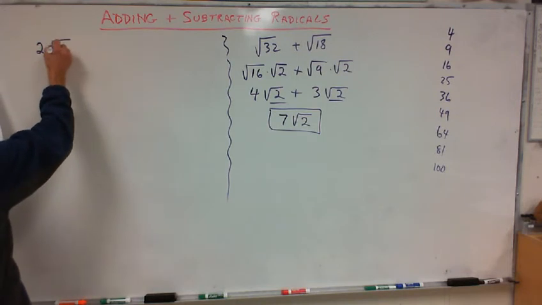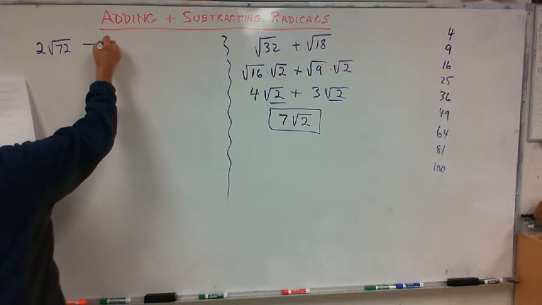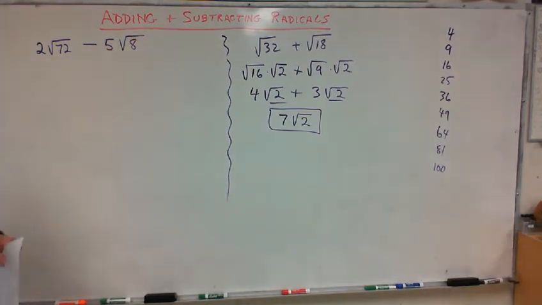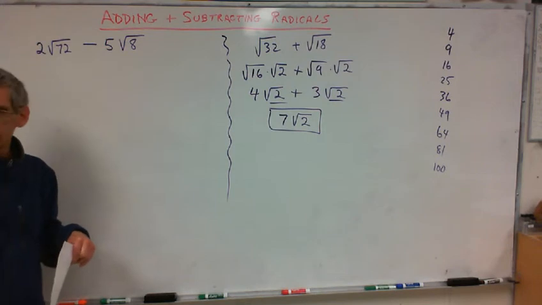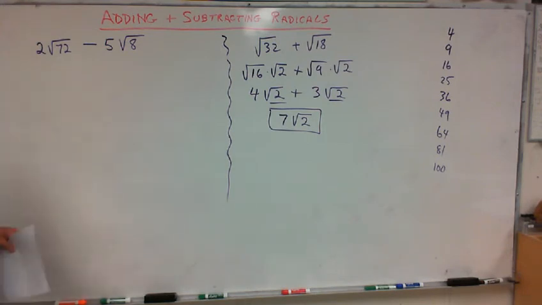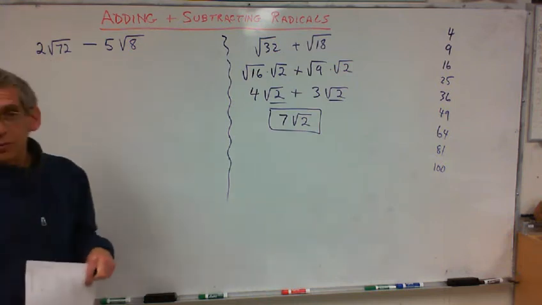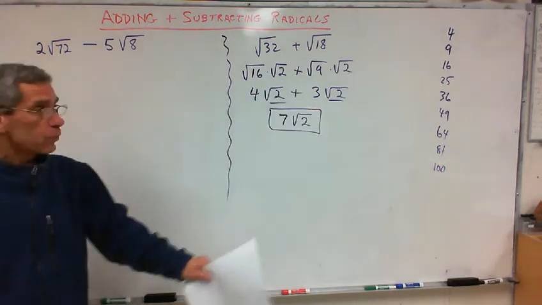2 square root of 72 minus 5 square root of 8. You look at that and you think there's no way we're ever going to combine those, right? I mean, that's what a math teacher would look at. There's no way. But turns out I'm wrong, right? Half of 72 is 36. 36 is a perfect square.